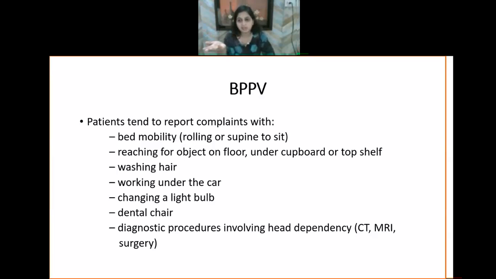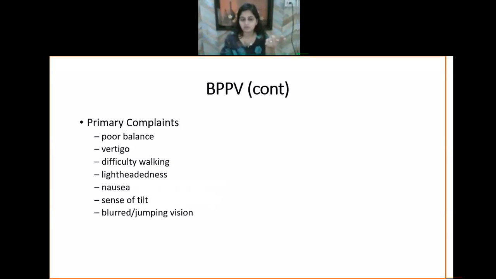You can definitely do it on your own, and with experience it's very easy. It's not that hard at all. So BPPV is benign paroxysmal positional vertigo caused by the otoconia. The crystals come into your semicircular canals and you get BPPV. So that is also a scope of VRT in physiotherapy.